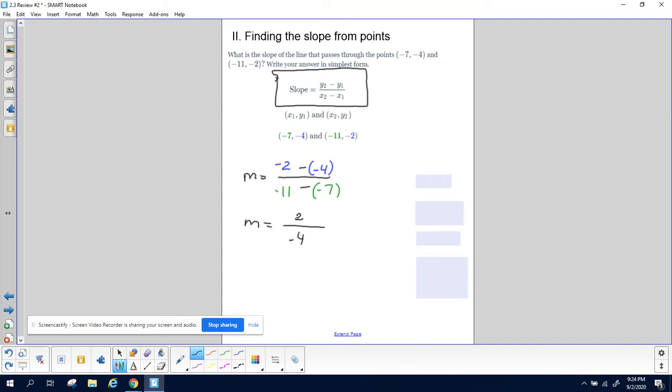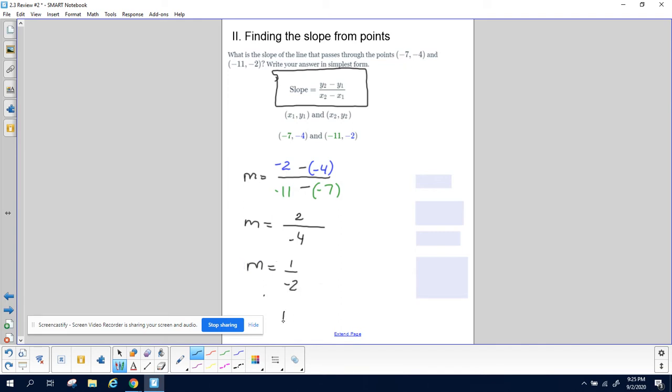If you type this answer in, it is not wrong, but it is not in simplest form. So you need to reduce, and reducing is another way of saying divide by the same factor on top and bottom. So divide that by 2 to get 1. Divide this by 2 to get -2.